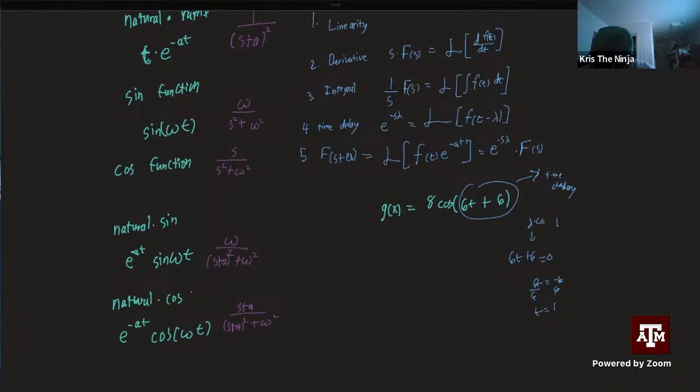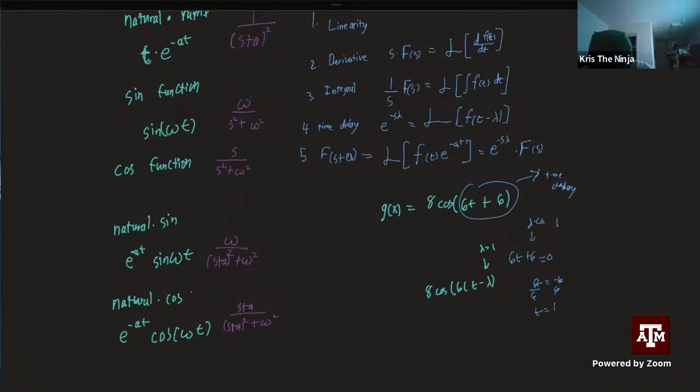So we know we're dealing with 8 cosine of 6 times (t minus lambda), where lambda is negative 1.